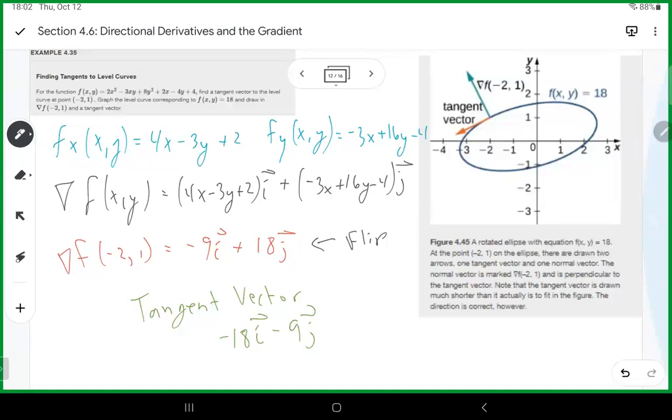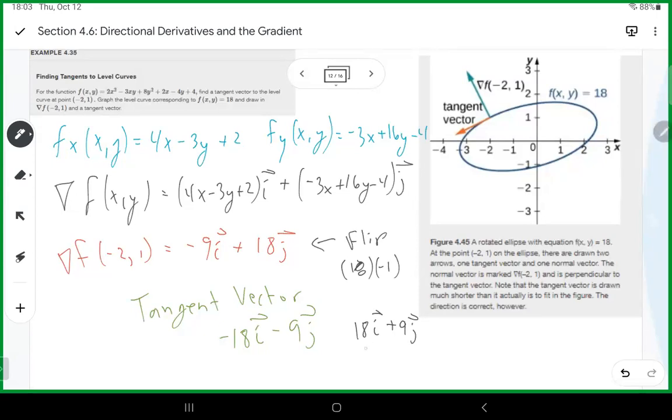They chose to multiply the 18 by -1. You could have also multiplied the 9 by -1. Another tangent vector would have been 18i plus 9j. Good question.